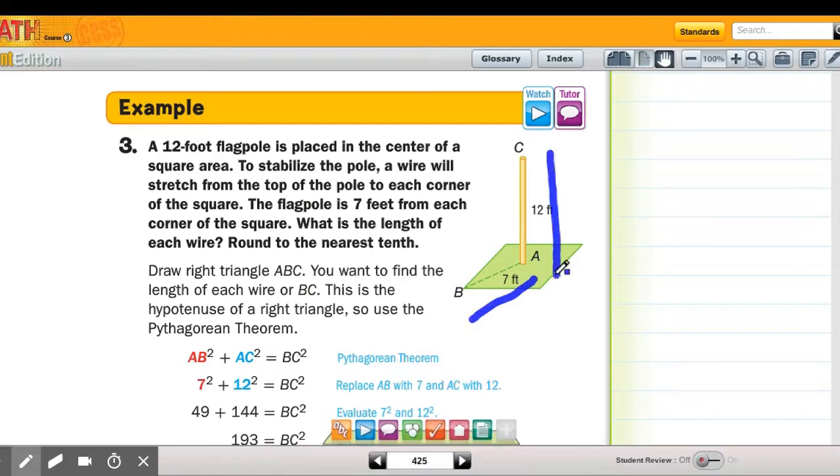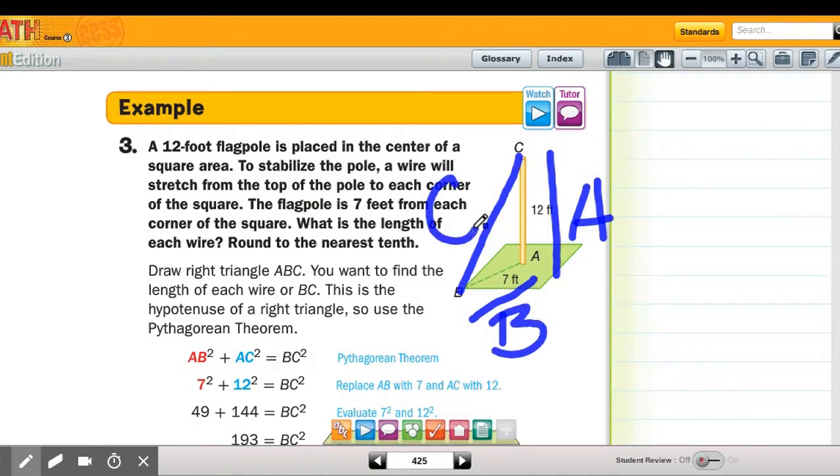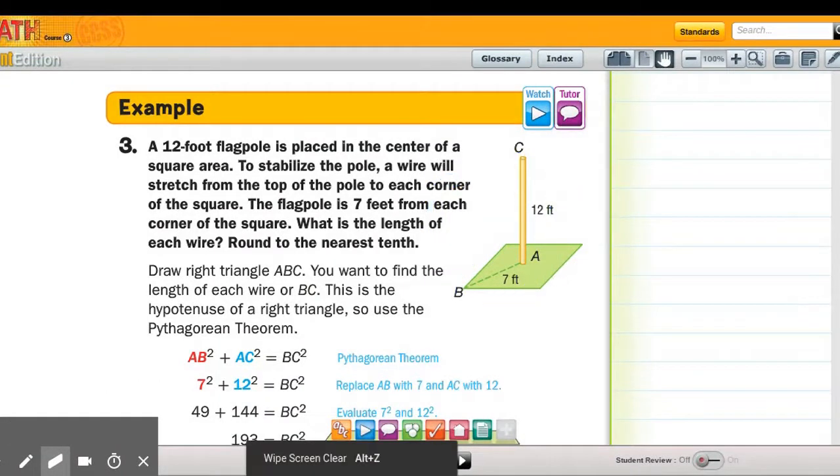If you read it, they're asking about something attached from the top of the pole down there. It looks to me like we have an A and a B and a C. So it should be, as they're showing right here, 7 squared, 12 squared, 49 plus 144. It's the same stuff, just giving you a different look at a different picture.